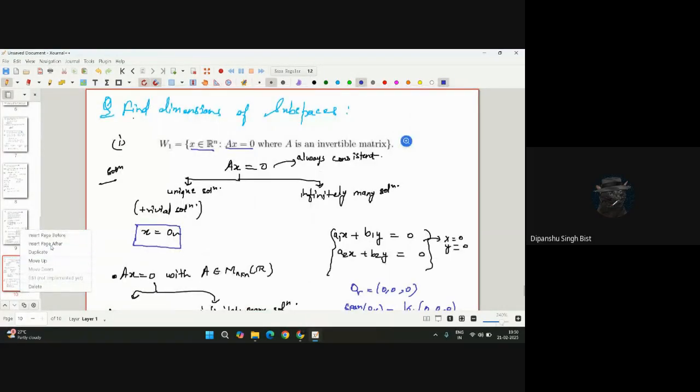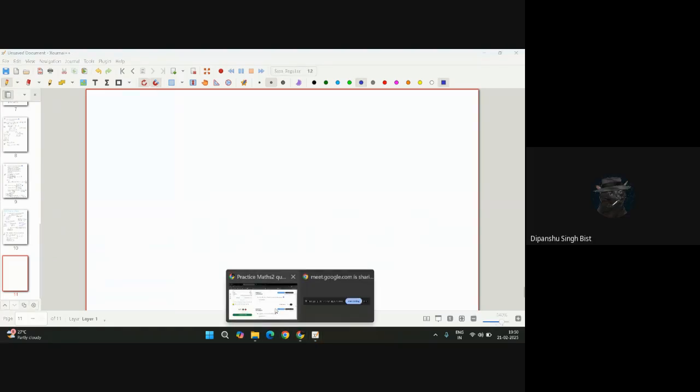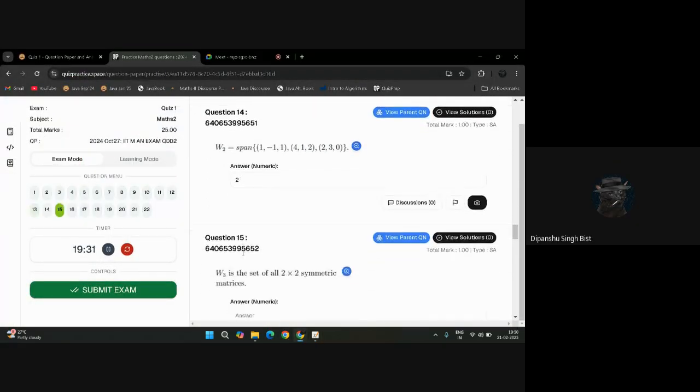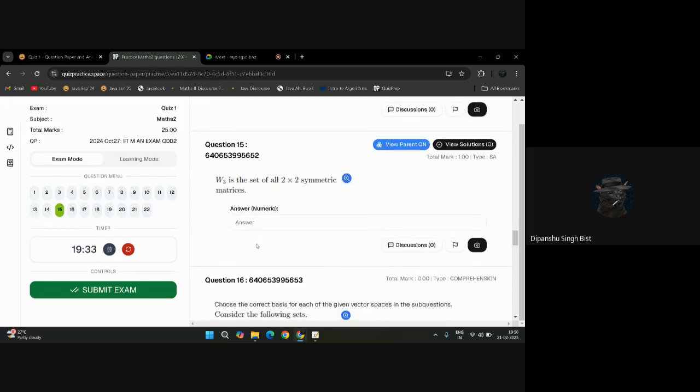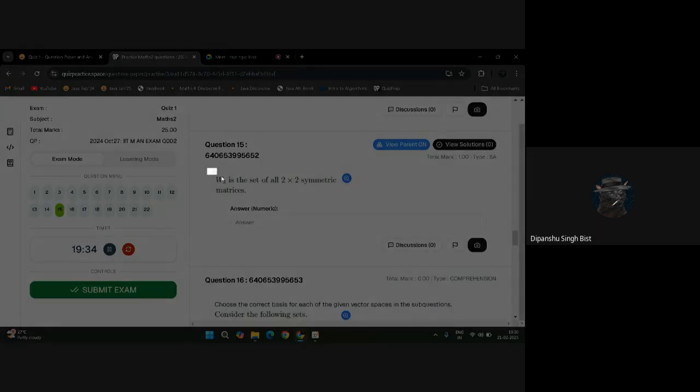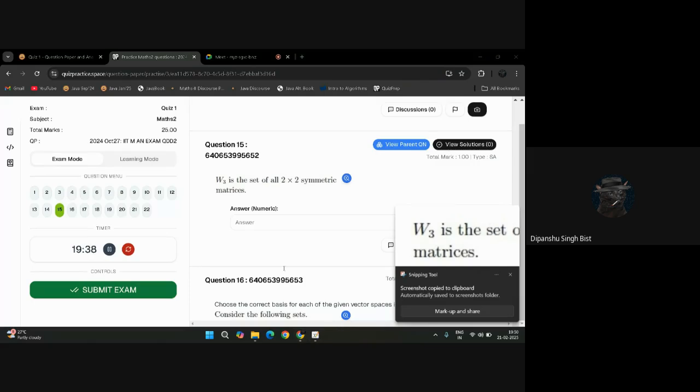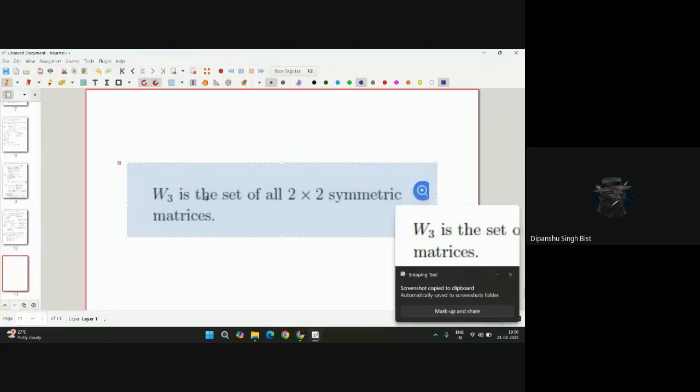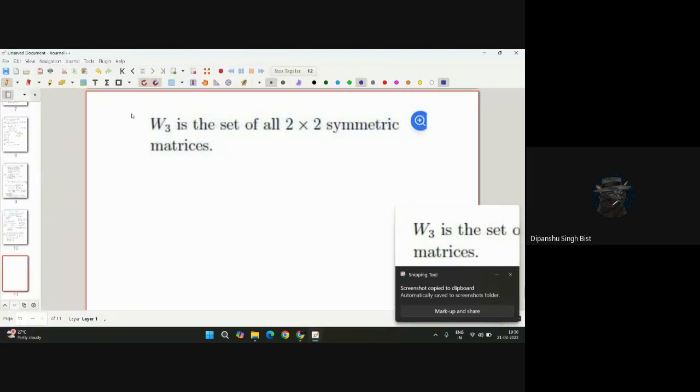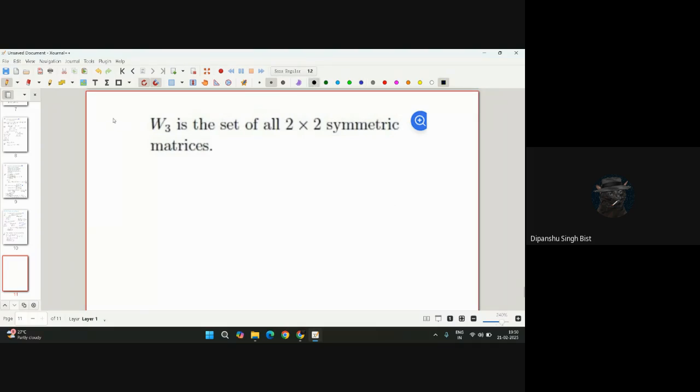Moving to the next question, we have W3, which is the set of all 2 cross 2 symmetric matrices. The idea of basis is not going to change. We will still try to find the basis, because anytime we want to find the dimension, we look for the basis.